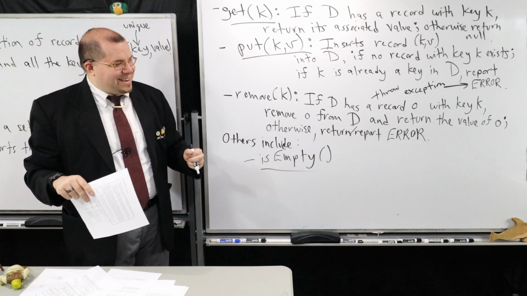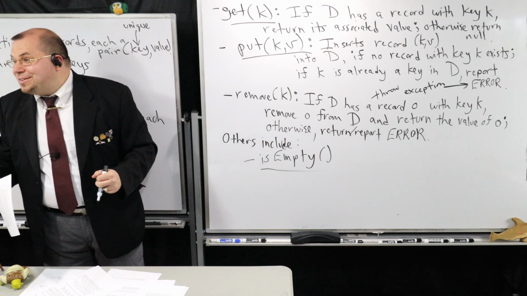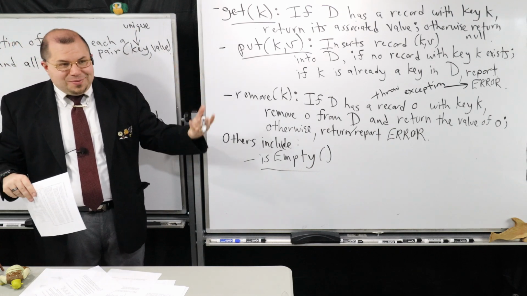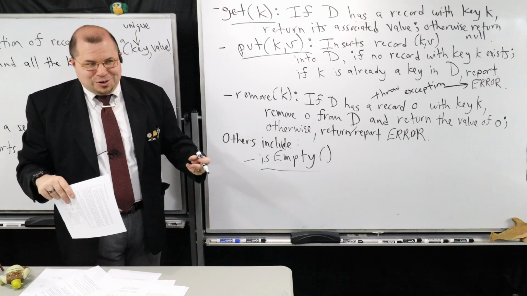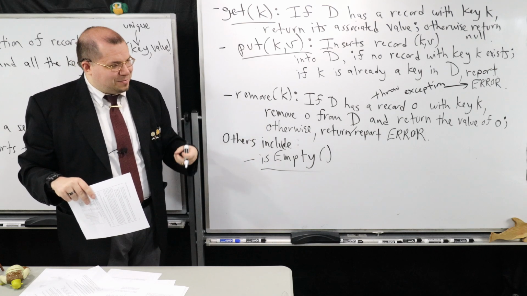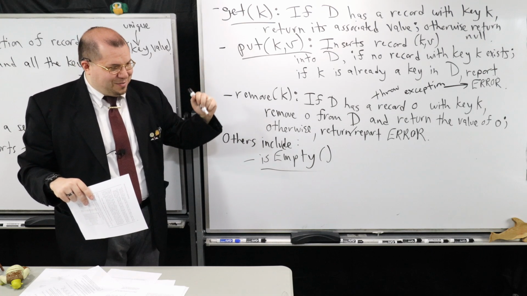Somebody, don't be shy, tell me. Yeah, it tells us if the dictionary is empty or not, right? That's all it does. It returns true if there are no records. It returns false if there exists at least one record.